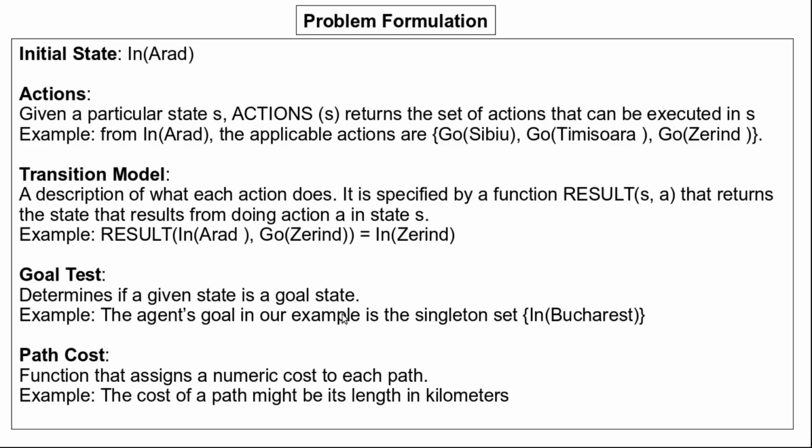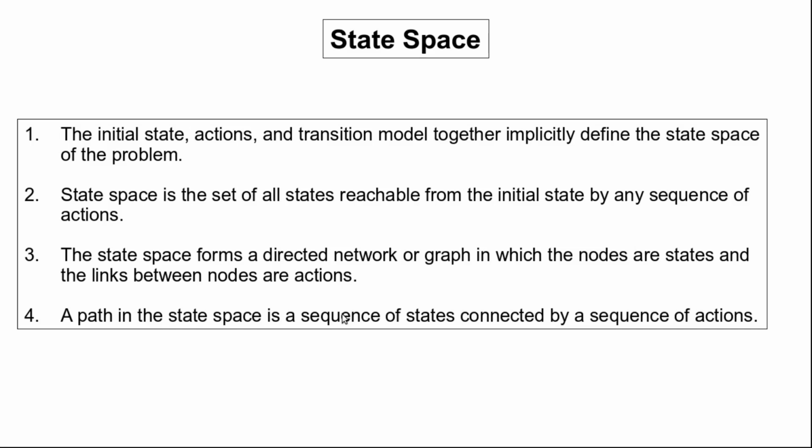We will look at a few more examples. Now we will talk about state space. So what is a state space? The initial state, the actions that we can perform, and the transition model. Remember, the transition model tells us what is the new state that will result when we perform an action in a given state.